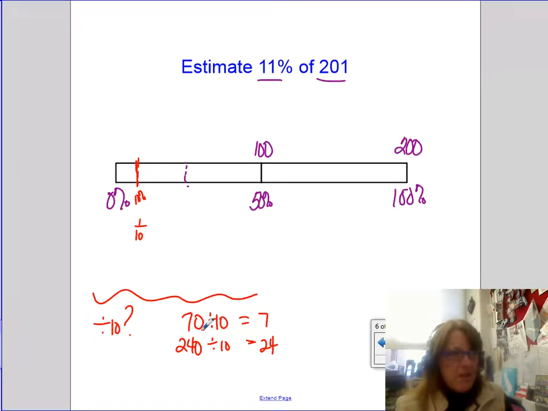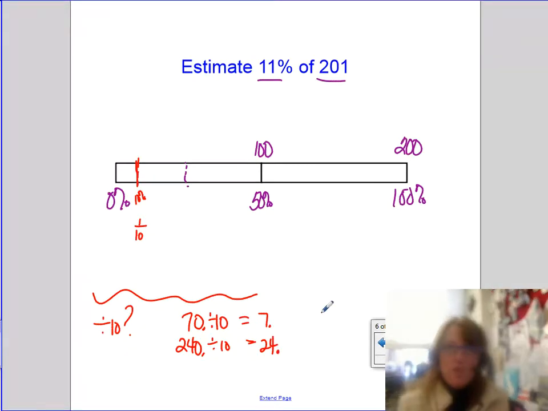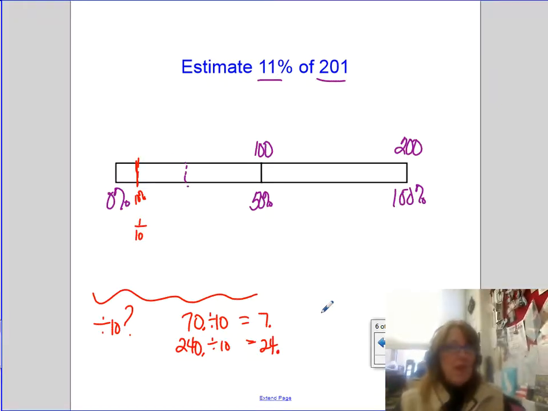By the way, here's my decimal point with 70, and now it's here. Here's my decimal point with 240, now it's here. Do you notice a pattern? When you divide by 10, you are in effect moving one decimal place over to the left.